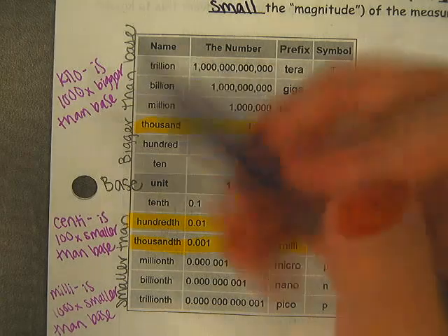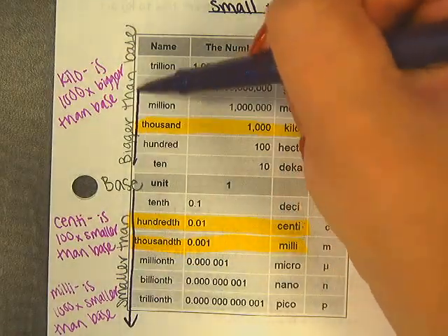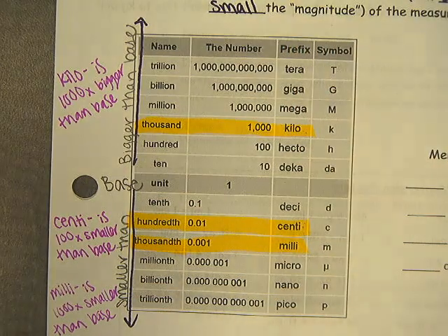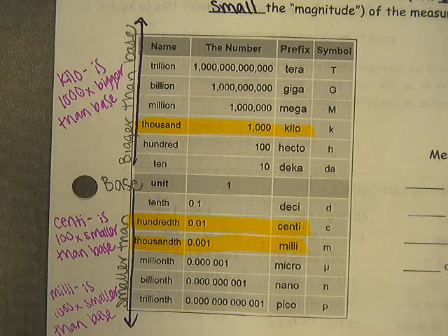So any of these things are getting smaller than the base, any of these things are getting bigger than the base, and we'll kind of work on it from there. So the three that I want you to memorize are the three that I have highlighted, because those are the ones that I think are most common in our everyday lives. Anything else, I'm not saying we won't necessarily use them, but if I were to ask you a question regarding any of the other prefixes, I would give you that conversion factor.